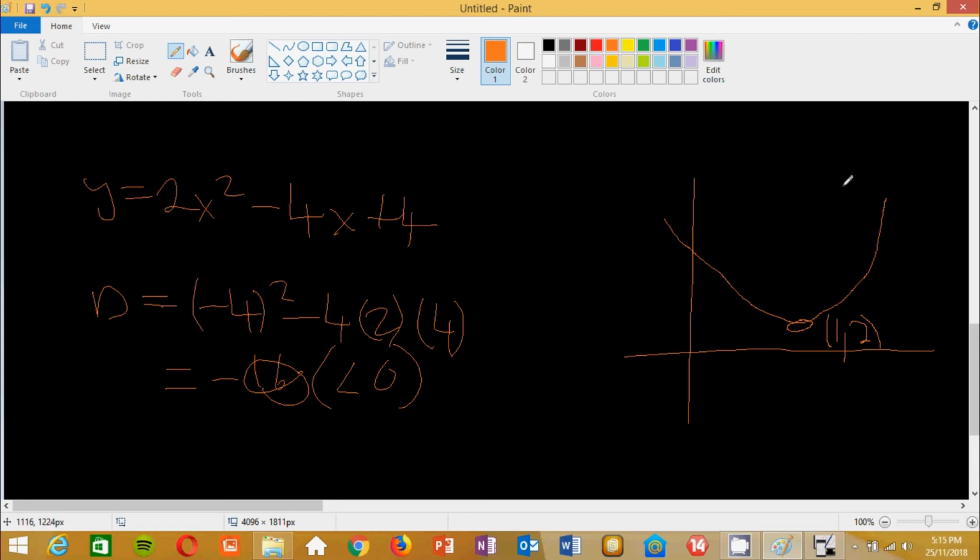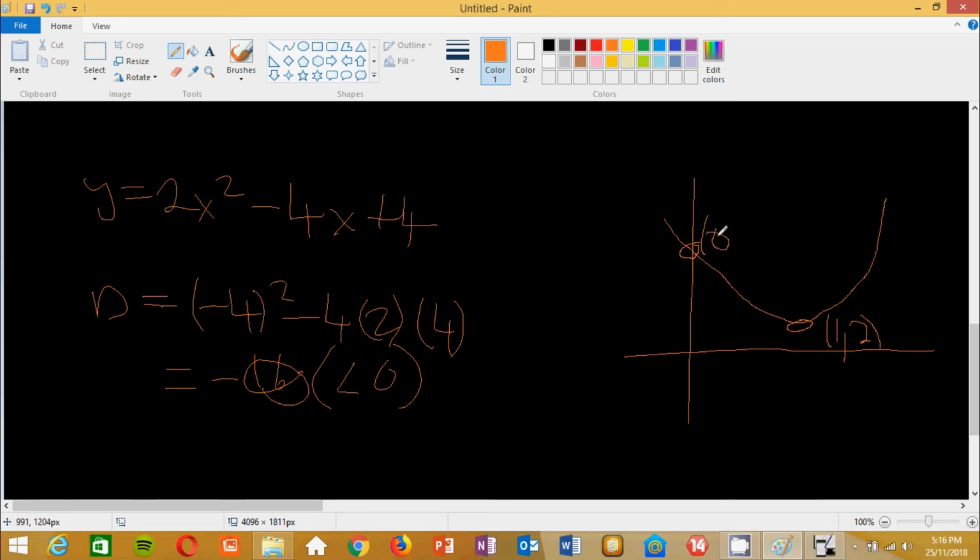And that brings us to the end. This is how we sketch the curve y is equal to 2x squared minus 4x plus 4. Now, to get this point is quite simple, which is the intersection with the y-axis. You know that when this curve cuts the y-axis at this point, the x-coordinate is 0. So simply plug in the x-coordinate as 0 here and get your y-coordinate, and you're going to get your y-coordinate as 4.